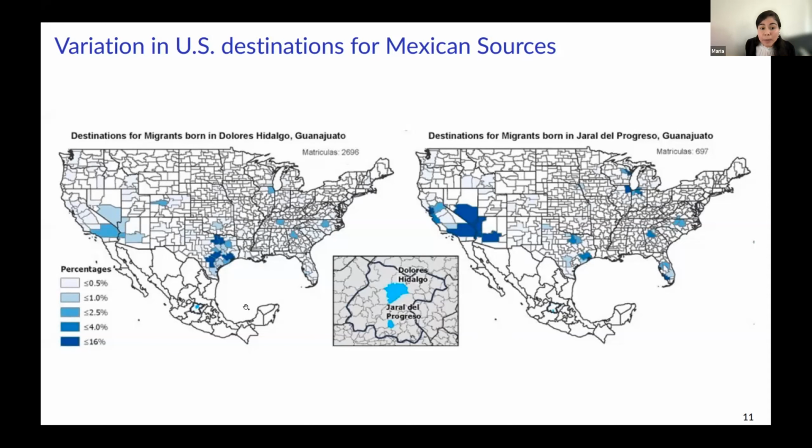For instance, migrants from Dolores Hidalgo tend to locate, most of them, in places in Texas, whereas migrants from Jaral del Progreso tend to locate in Southern California and in Nevada. So this variation in the destination distribution is one of the sources of variation that we used in our analysis.